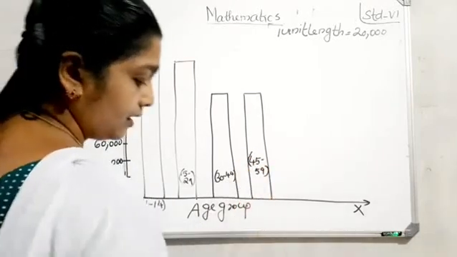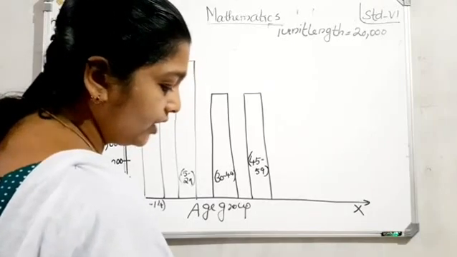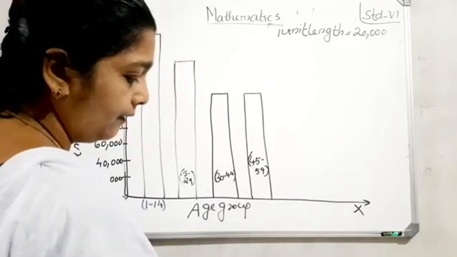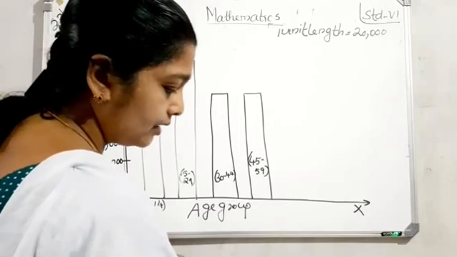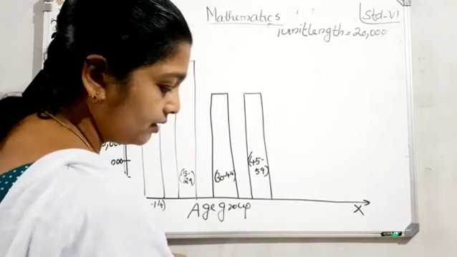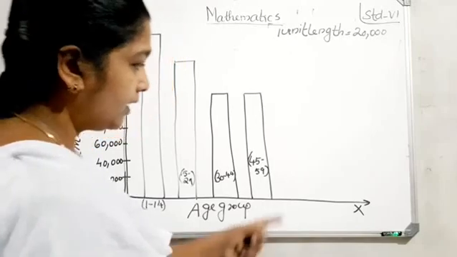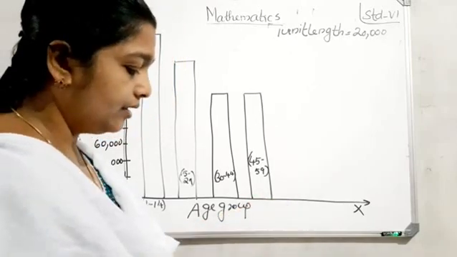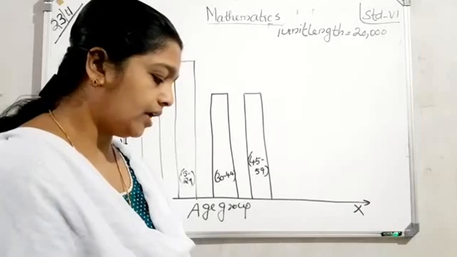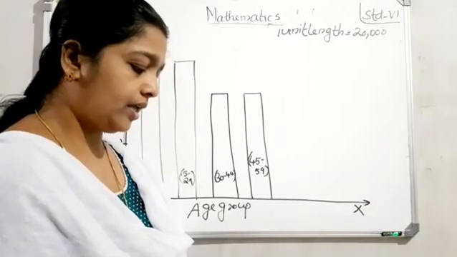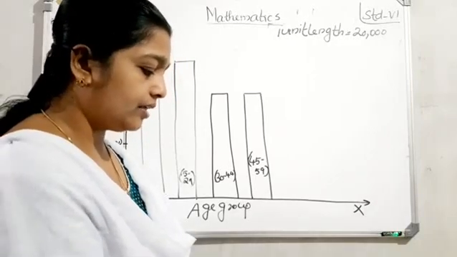Next, 80,000, that is 60 to 74. So we can represent it here. Then 75 and above, 40,000.